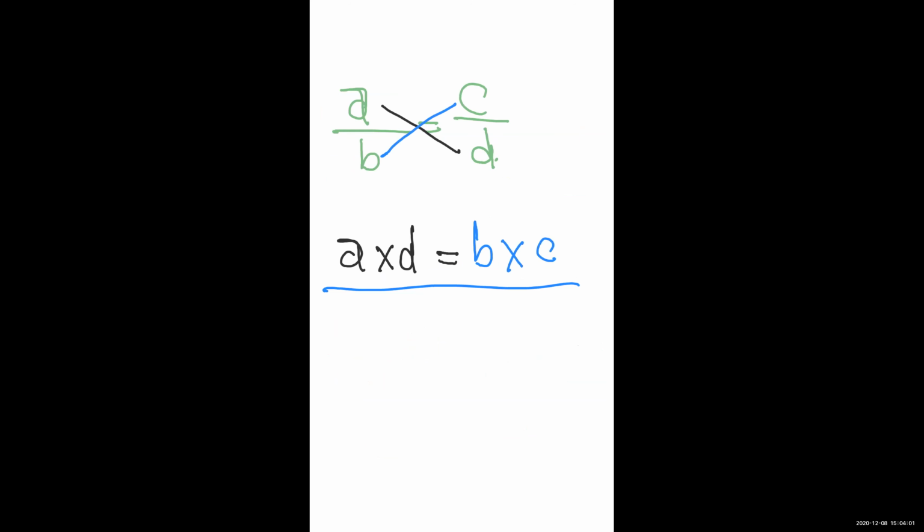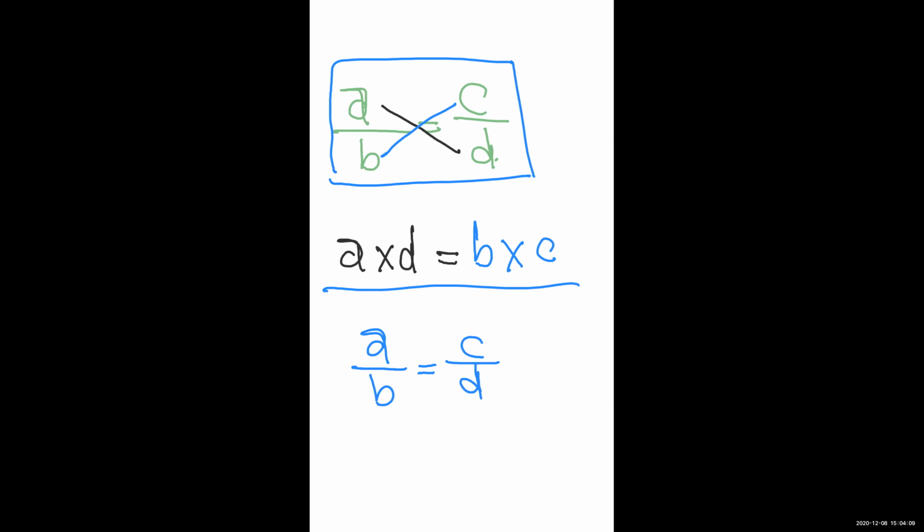That is actually the cross multiplication: A over B equals C over D, so that AD equals BC.